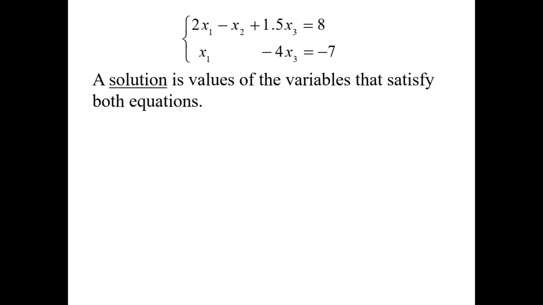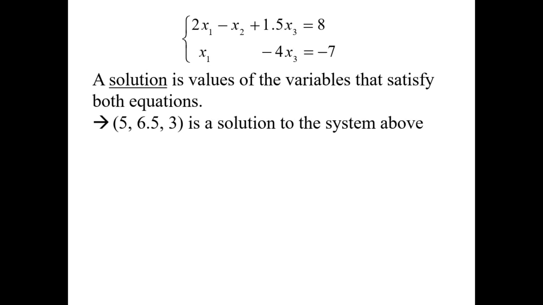So in our equation that we're looking at, a solution means values of the variables that satisfy both equations. So a number we could plug in for x1, for x2, and for x3 that make both equations true statements. In this example, one solution would be 5, 6.5, 3.